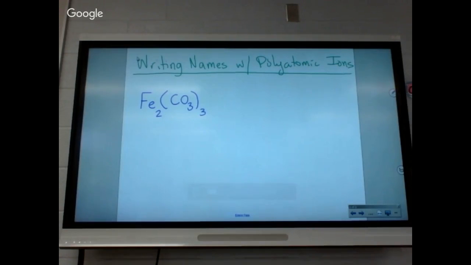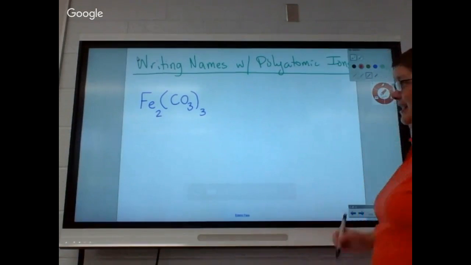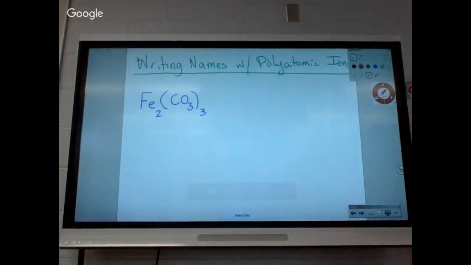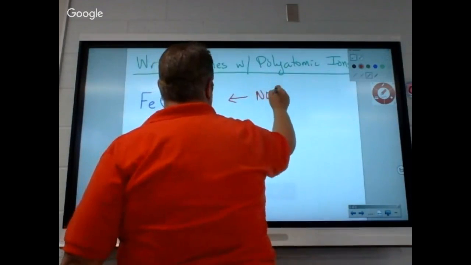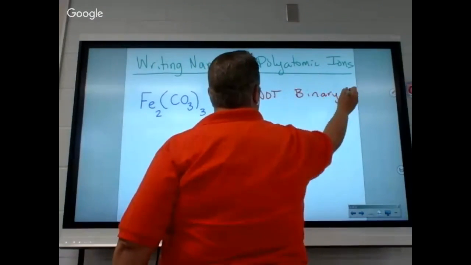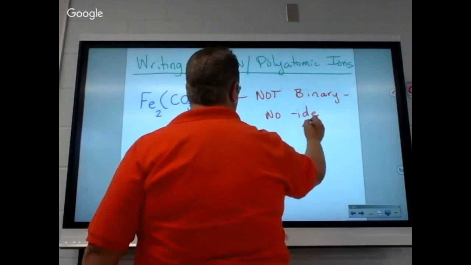The first thing you should notice, compared to the ones you wrote names for last night, is how many capital letters do you have here? 3. Okay, so it's not binary. There's going to be no IDE ending.